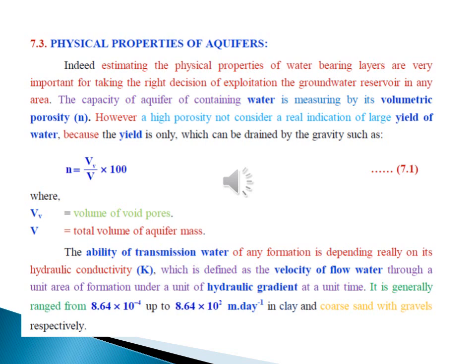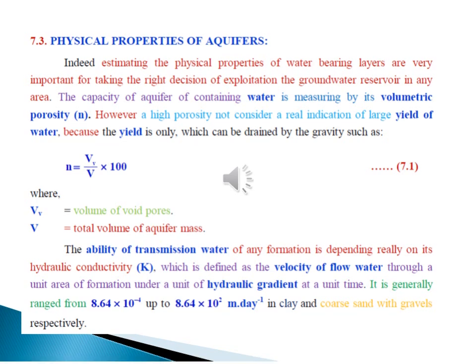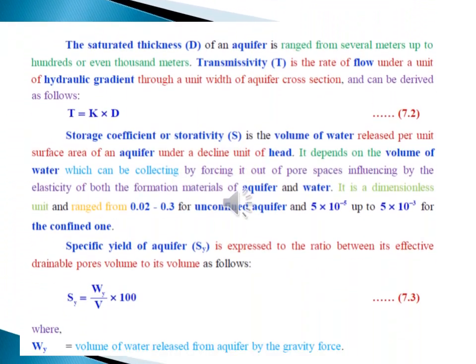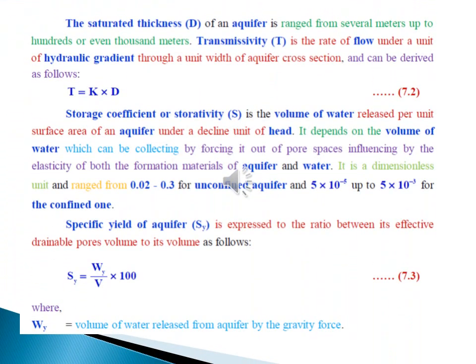However, a high porosity is not always an indication of a large yield of water, because the yield is only what can be drained by gravity, as shown in the enclosed equation. The saturated thickness of an aquifer ranges from several meters up to hundreds or even thousands of meters.